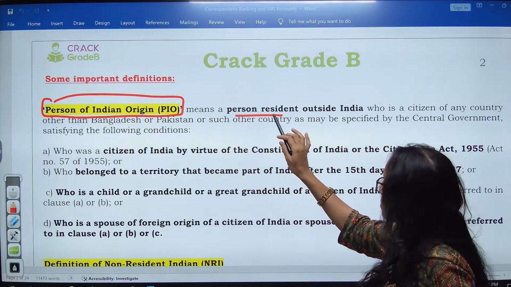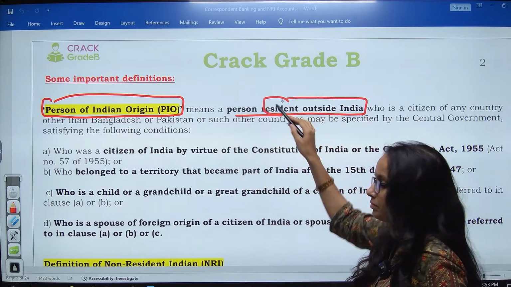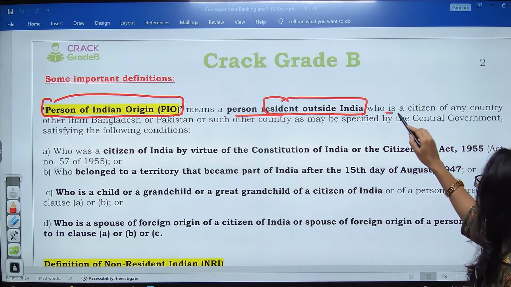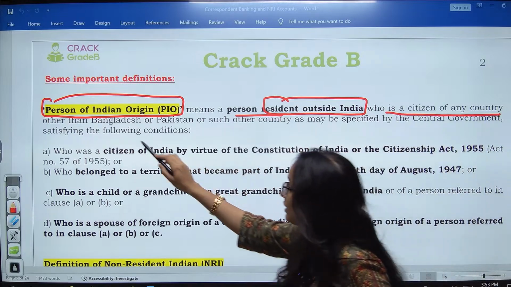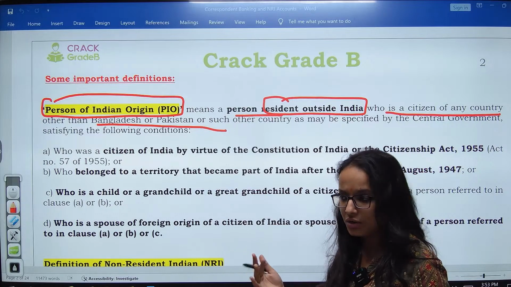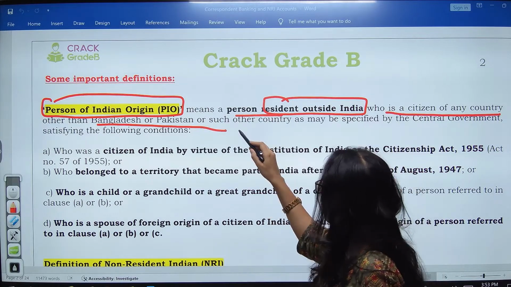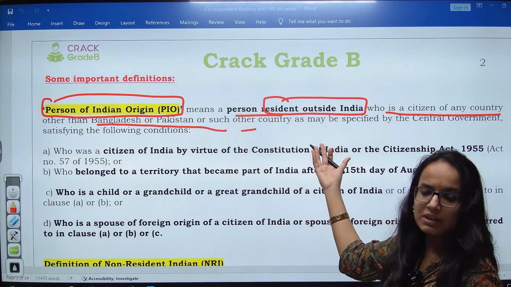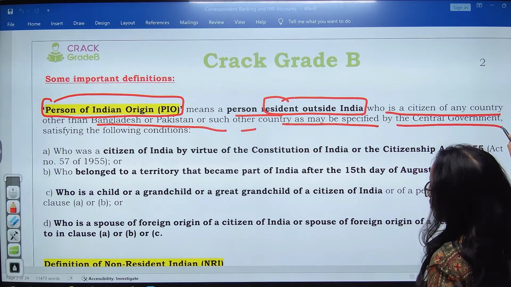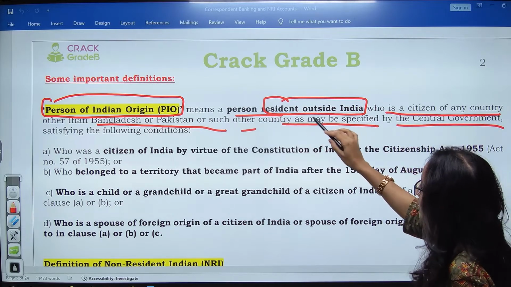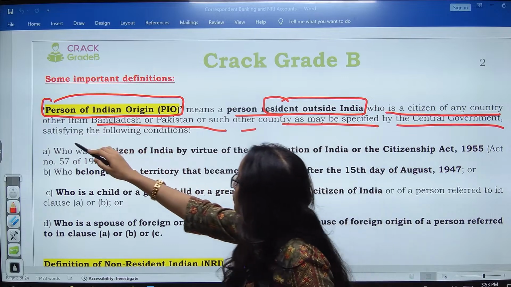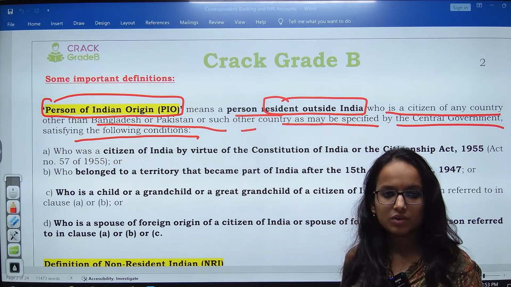He or she is a person resident outside India, first thing, residing outside India, who is a citizen of any country other than Bangladesh or Pakistan, or any country as notified or specified by the central government. The list can go on as per the central government's rules and regulations.